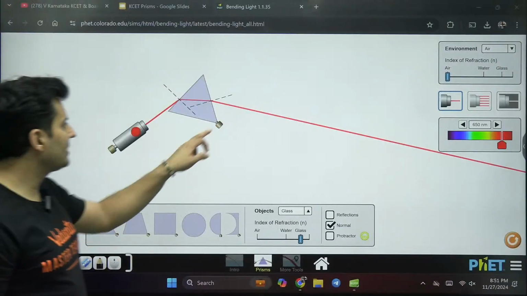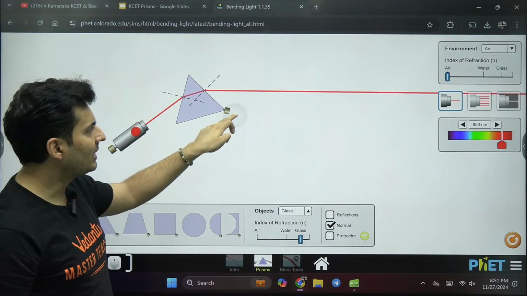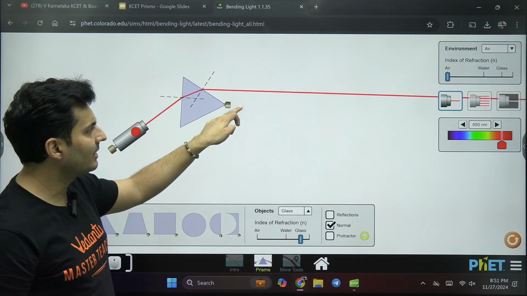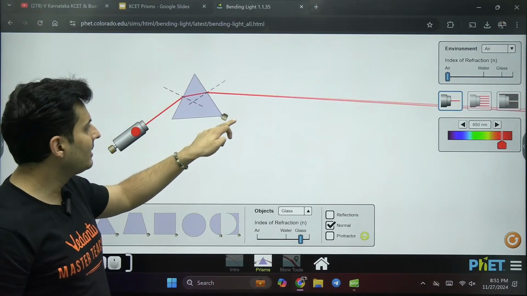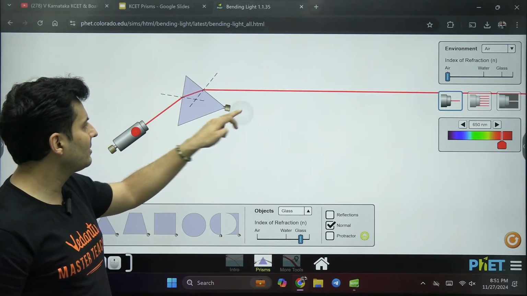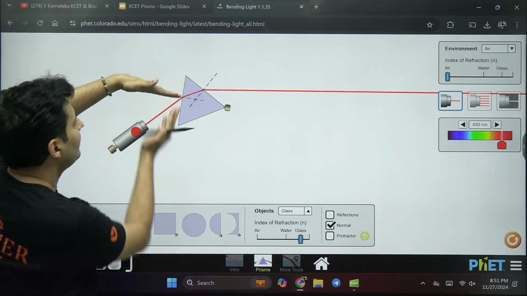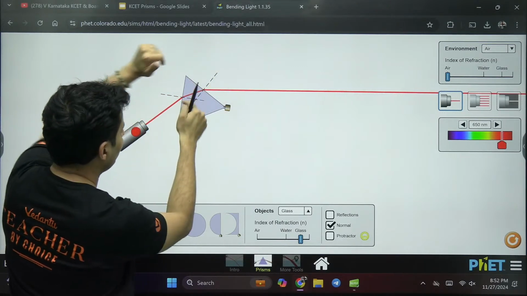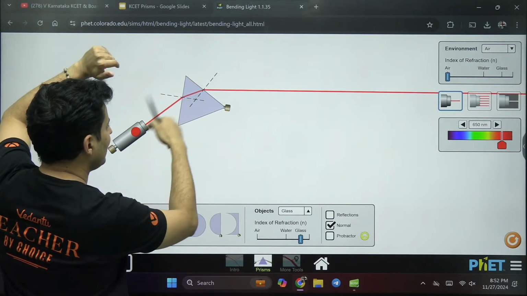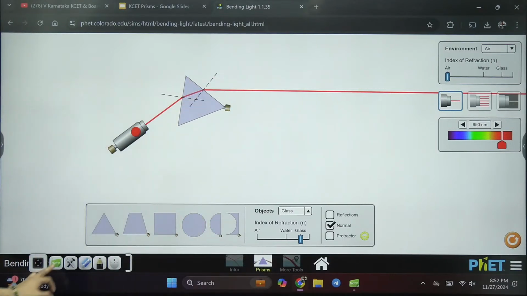And like you can see, when the deviation is minimum, after this the deviation increases. You can see it is increasing. Before this it was decreasing. So this is when the deviation is minimum. The ray inside is parallel to the base. This angle will be equal to the emergent angle, incident equal to emergent. Internal angles are equal. Everything on the left side is equal to everything on the right hand side.